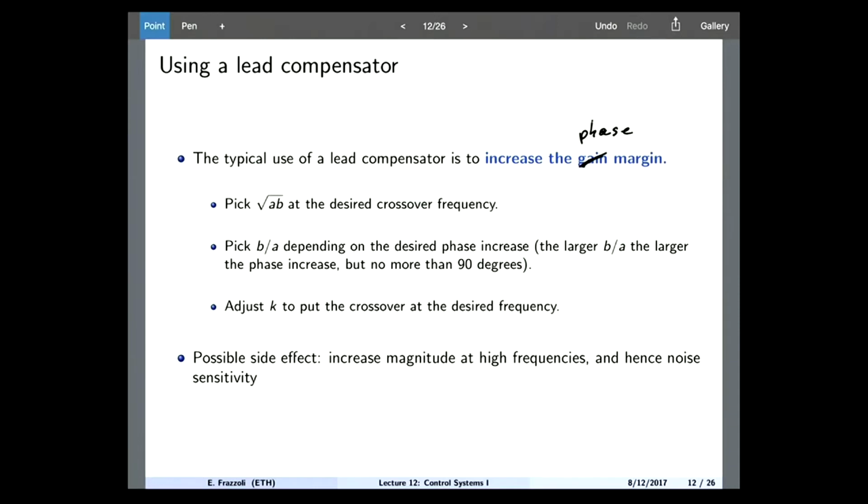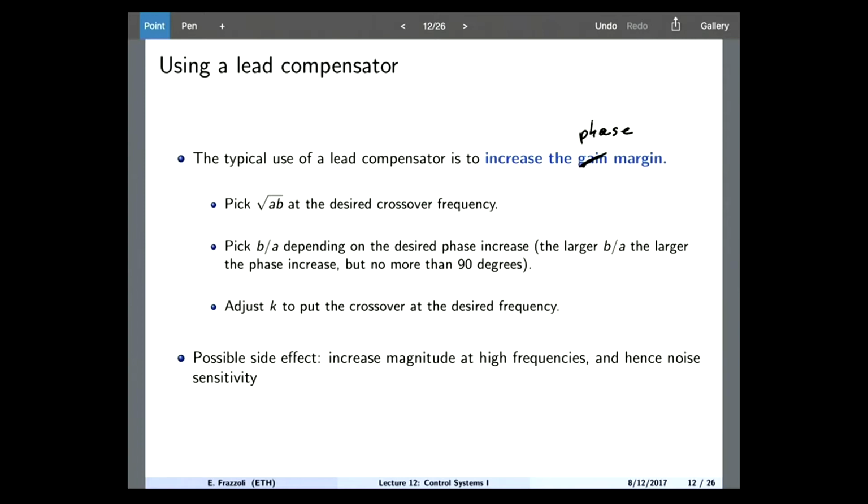Then how far apart do you choose them? The farther away you pick them, the more phase lead you will have. So you decide: this is the crossover, this is the phase margin that I have, the phase margin that I want is such and such, so I will separate this pole and zero by as much as I need to give me the phase lead that I want.